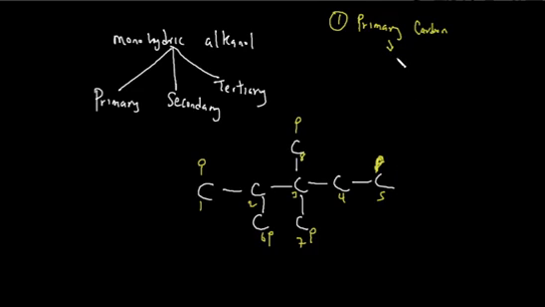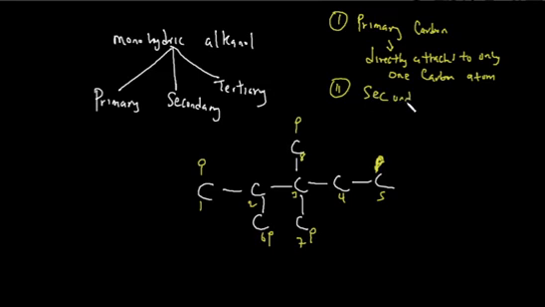Another thing about a primary carbon atom is that it is directly attached to only one carbon atom, not one atom, but one carbon atom. So this one is only attached to one carbon, this one is only attached to one. Now, secondary. Secondary is attached to two carbon atoms.